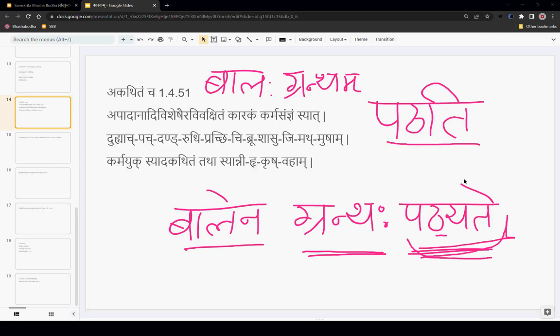There is no ya here. Pathati is not indicating karmani prayoga. It is referring to the kartrupadam. The kartrupadam is already referred to by this.